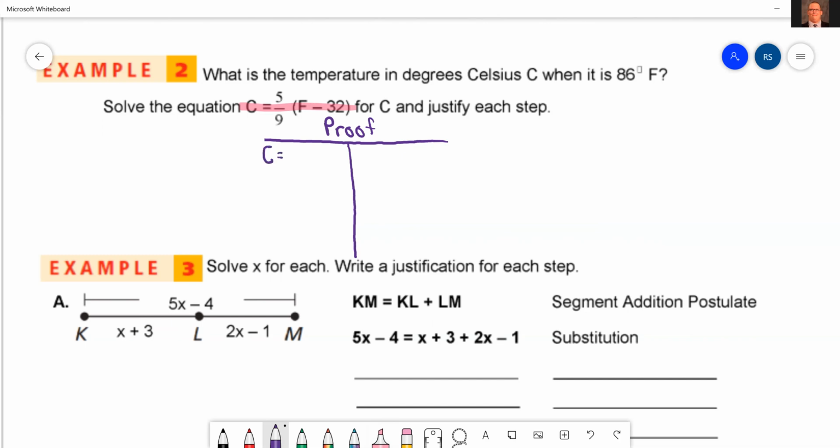C equals 5/9 times F minus 32. Now, how did I know that equation was true? How on earth did I know that equation is true? Because they gave it to us. So our step here will be given.